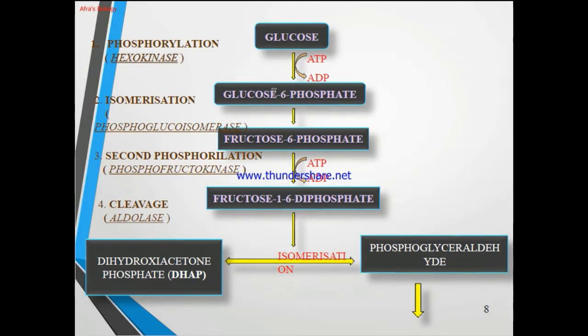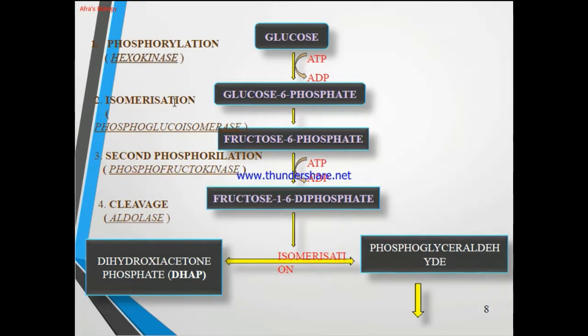What is the meaning of glucose 6-phosphate? It means that glucose contains a phosphate group at carbon number 6, so it is simply phosphorylated. In the first step, glucose is phosphorylated into glucose 6-phosphate.